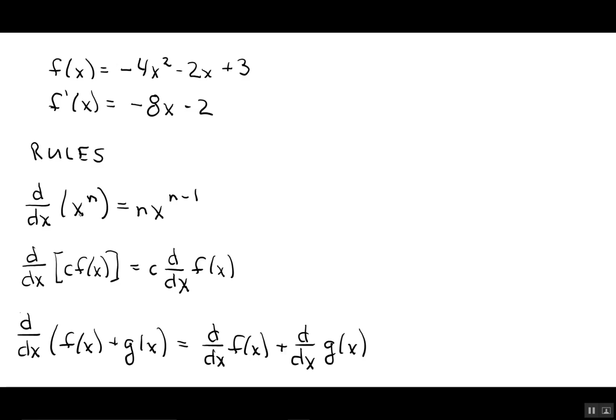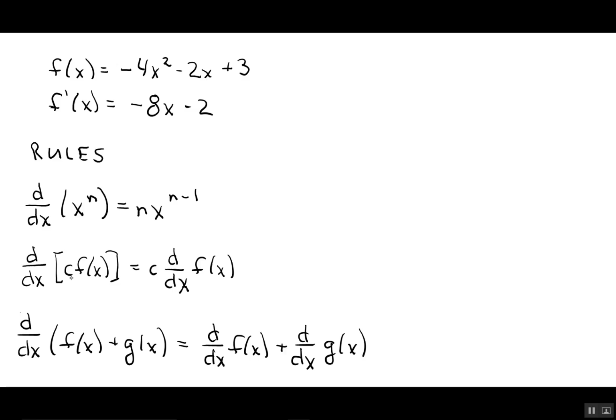If you have a function that looks like x to the n power, the derivative, d over dx of that function, is n times x to the n minus 1 power. So we can see that up here in the term that's minus 4x squared. The derivative of the minus 4x squared term becomes 2 times the exponent, 2 times minus 4 times x to the first power, which is minus 8x.